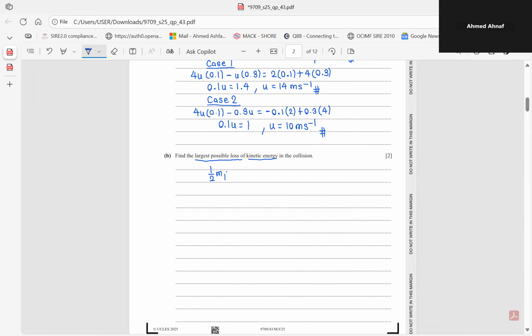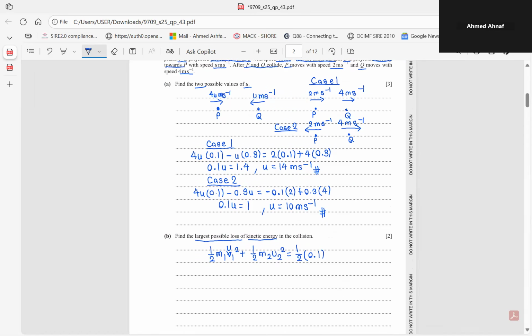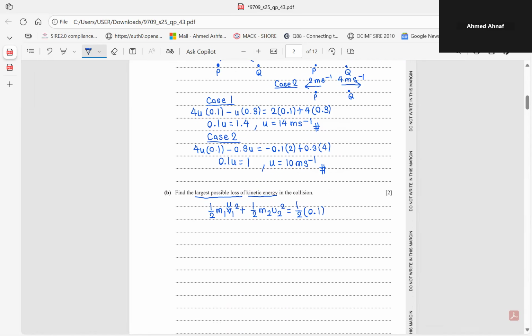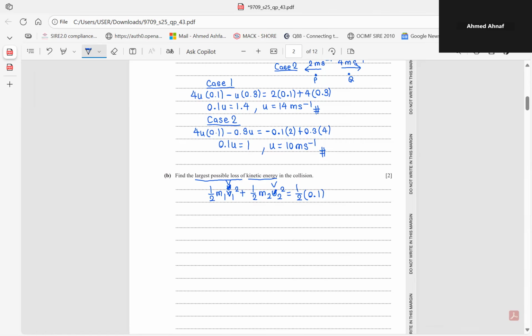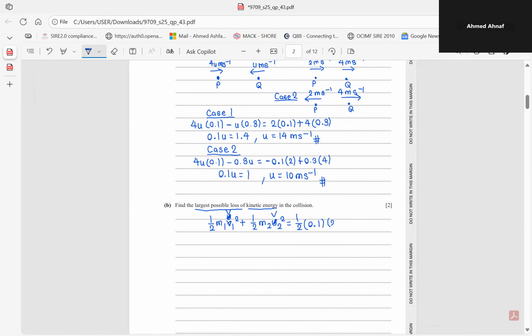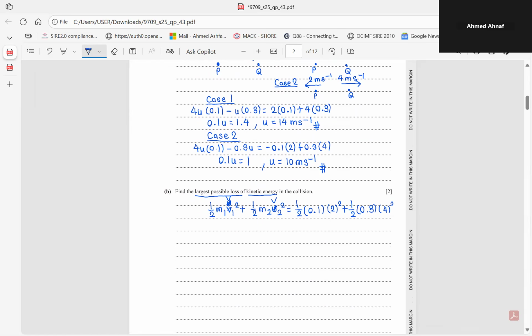So this is half m1 v1 squared plus half m2 v2 squared, where m1 is the mass of P, 0.1, and v1 and v2 are the final speeds of P and Q. So for v1, that's 2 squared, and for v2, half times 0.3 times 4 squared.